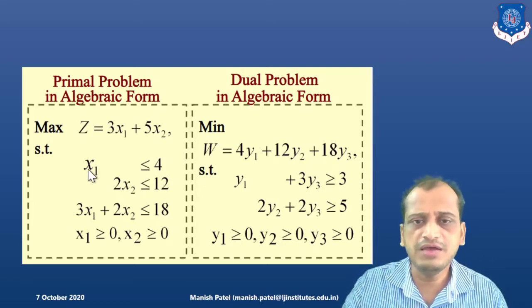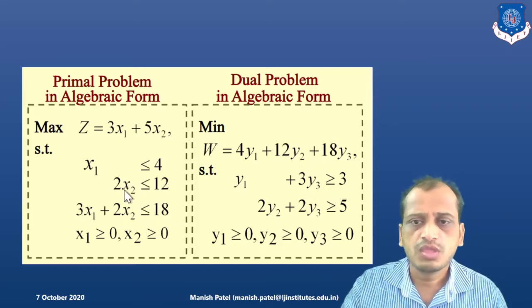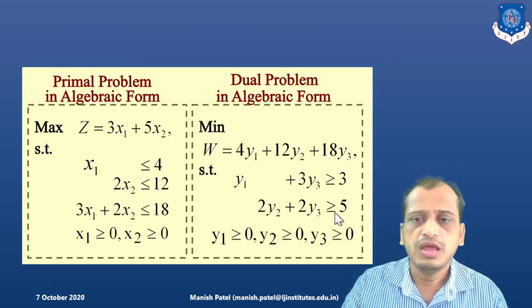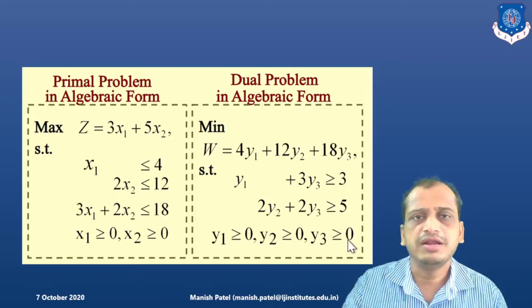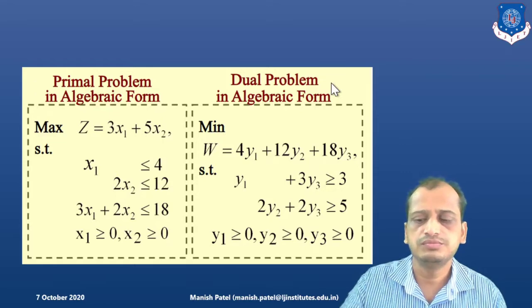Also, y1, y2 and y3 are the dual variables of the primal. The coefficient here is 1, so y1 plus 3y3 is greater than or equal to 3. In the same way, 2y2 plus 2y3 is greater than or equal to 5. And y1, y2 and y3 are greater than or equal to 0. In the same way, we can convert from primal to dual.